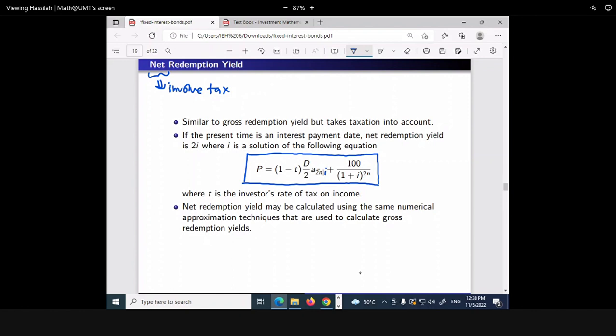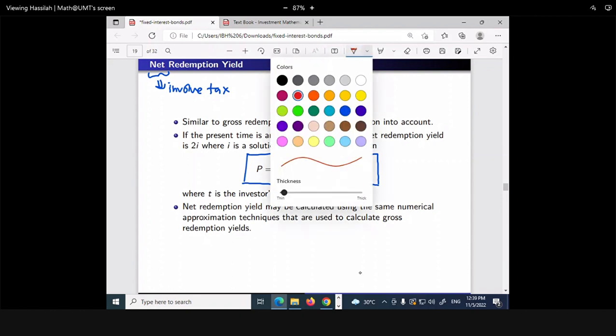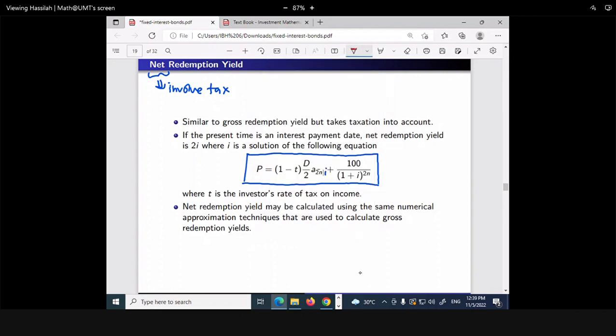Why is it 1 minus T multiply with this one, not with both? You see? Can you see? Dia darab dengan yang ni kan? Bila 1 tolak T darab dengan D per 2 A sub to NI. Why not on this one? Kan? Kenapa ya?